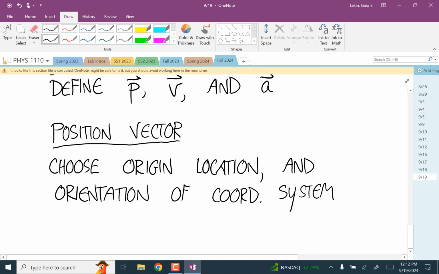Can you see how choosing the origin is kind of like choosing the position equals 0, and choosing how the coordinate system is oriented is kind of like choosing what your positive and negative directions are, just expanded into 2 dimensions?